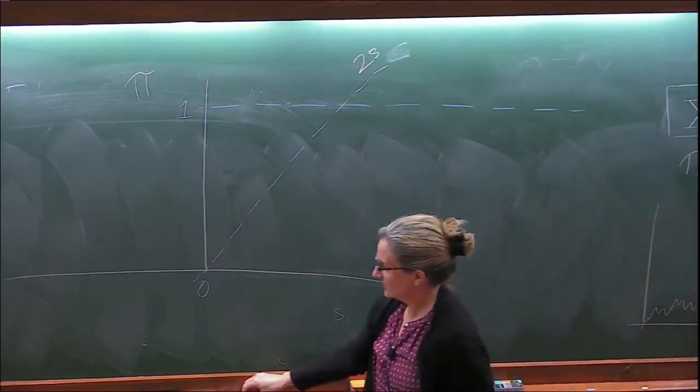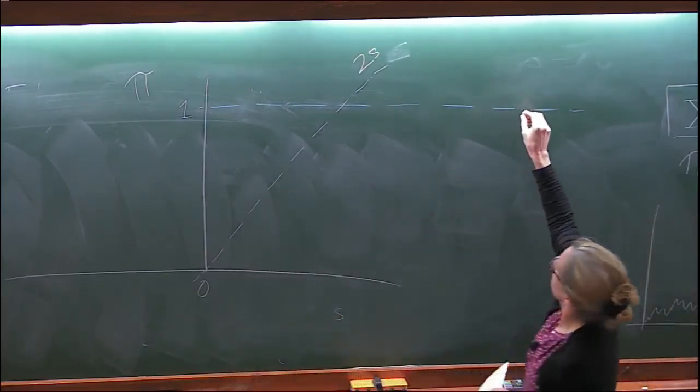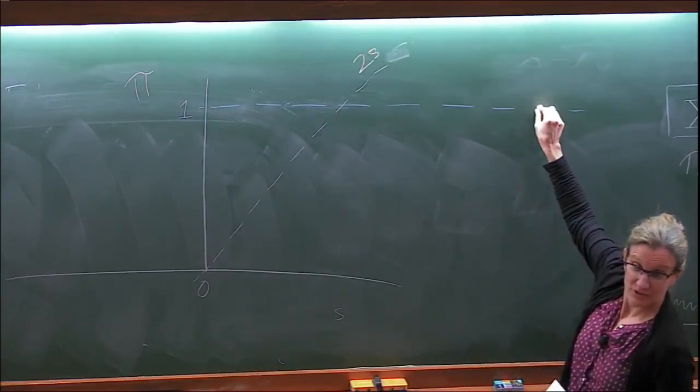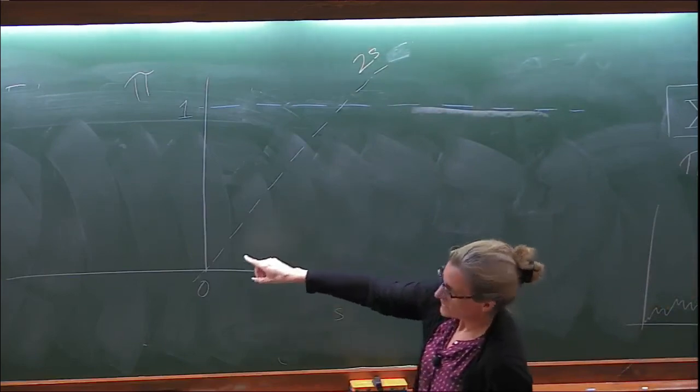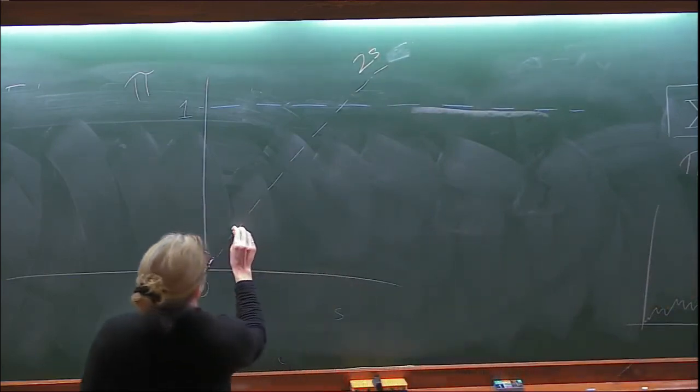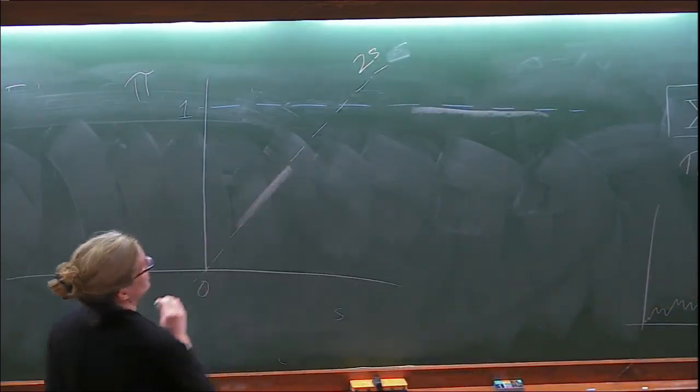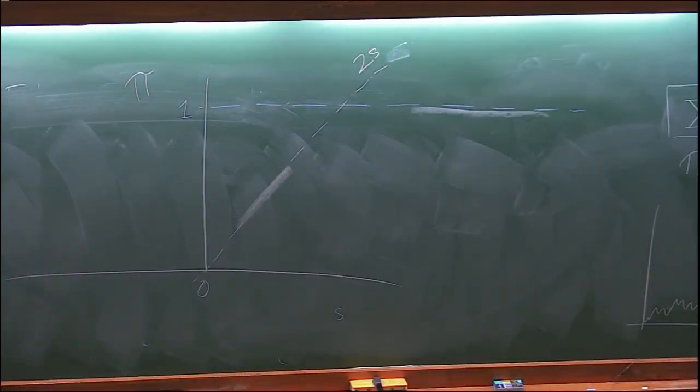So when S is very large, obviously we're very close to 1, asymptotically. When S is small, somewhere in here, we go along the line 2S.